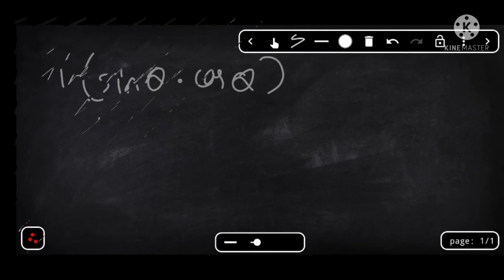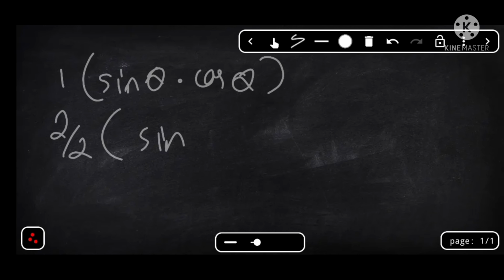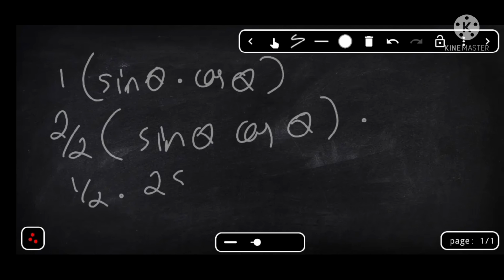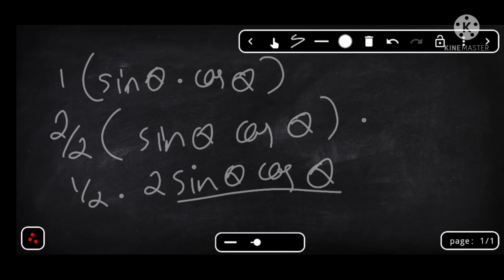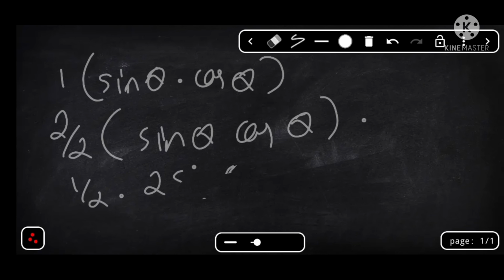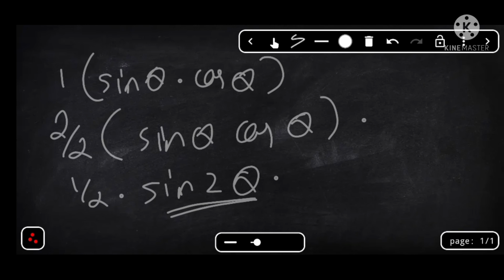Now let's take the determinant with respect to 1. So 1 into sin theta into cos theta. If we multiply and divide with 2, from sin theta cos theta we can get half into 2 sin theta cos theta, where 2 sin theta cos theta is the same as sin 2 theta. Also, the maximum value for sin 2 theta is 1.